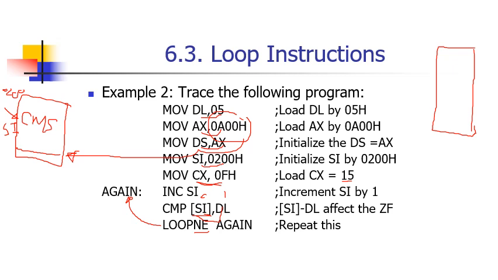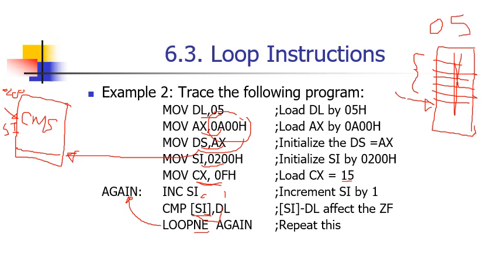So this tells you that we started at some location inside your memory and we are looking at 15 different locations starting at this one, and we are checking whether the values inside these are equal to the value inside DL or not.